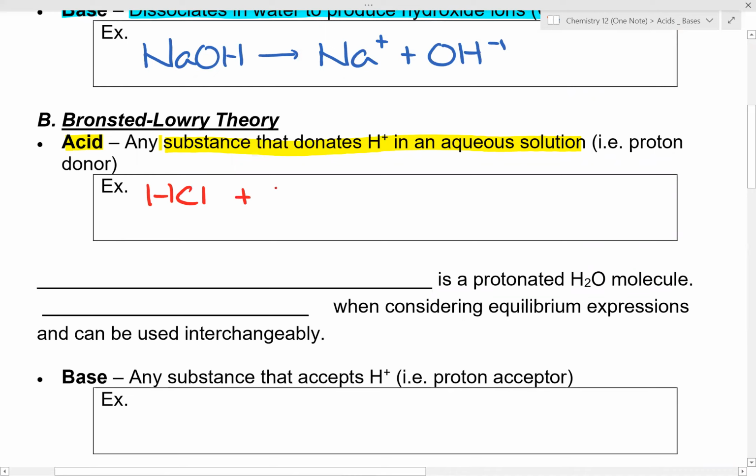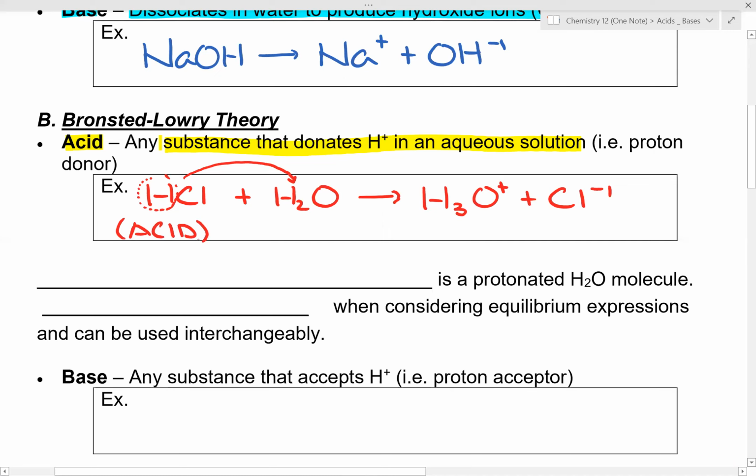When it reacts with water, the H plus is given to the water. So what you have is H3O plus and Cl minus 1. This is the definition of the acid.